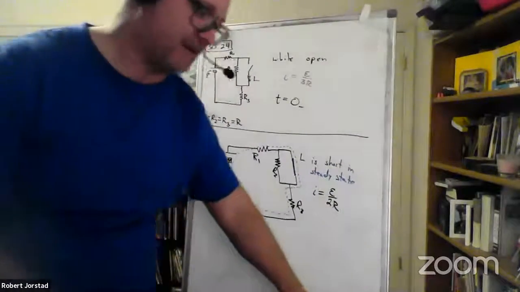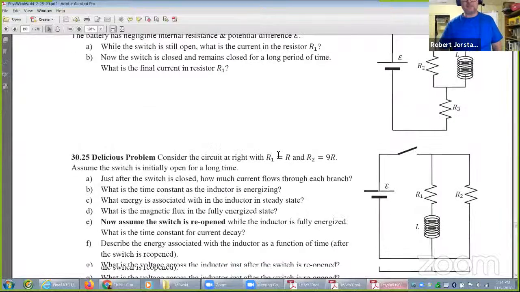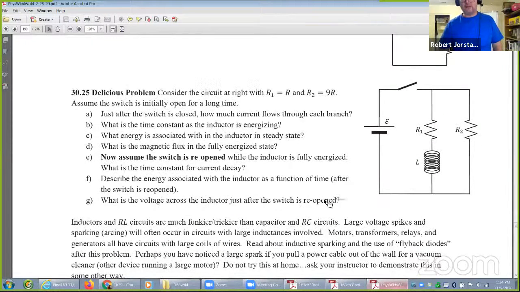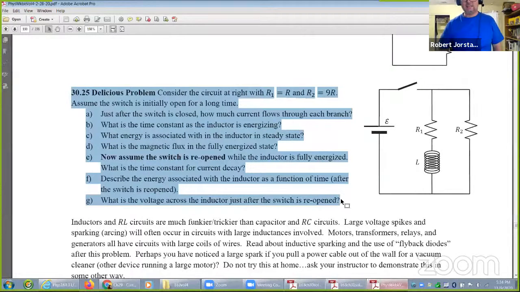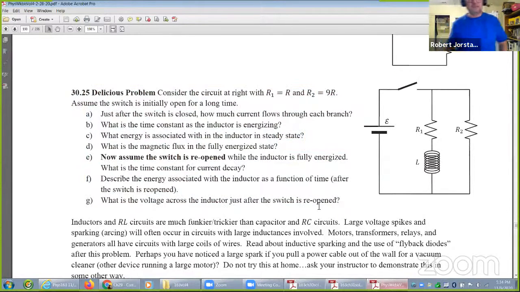Now let's have some fun. Let's keep going here. I think this one shows you why inductors are very interesting and disturbing and fun. Okay, let's take a look at this one. I'm going to get it drawn up and you can start getting your brain wrapped around it. This is 30.25. Up till now, I was just doing the mechanics, making sure we got that right.